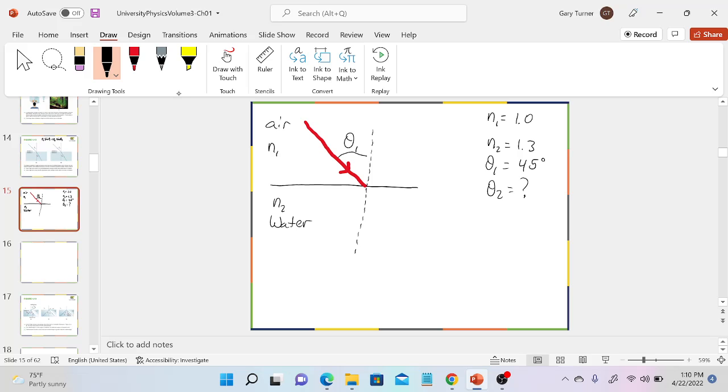So if we apply Snell's law, we have N1 sine theta 1 is equal to N2 sine theta 2. And it's this theta 2 I'm solving for, so I divide both sides by N2. And then I'm going to take the inverse sine of this.